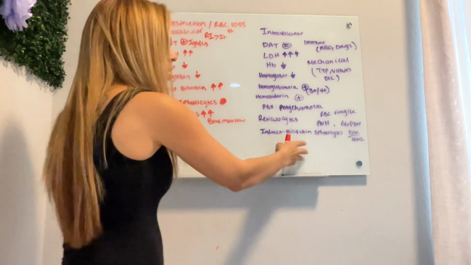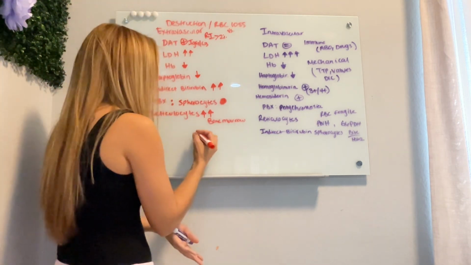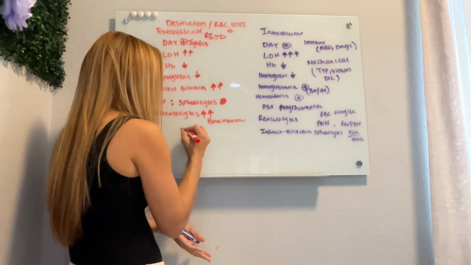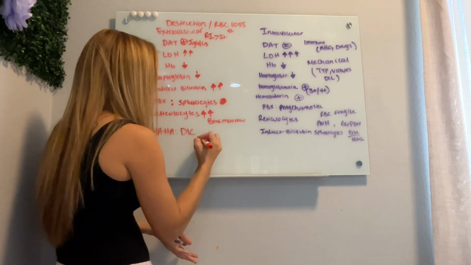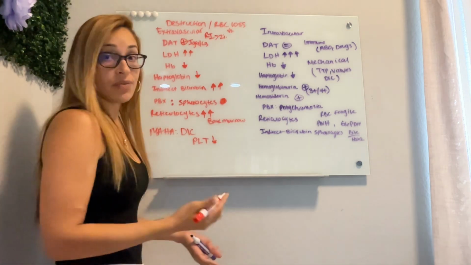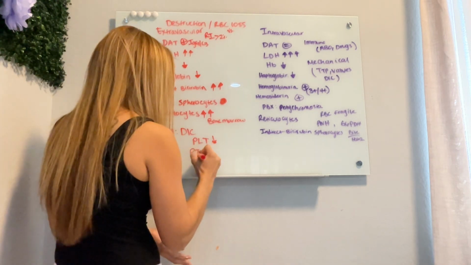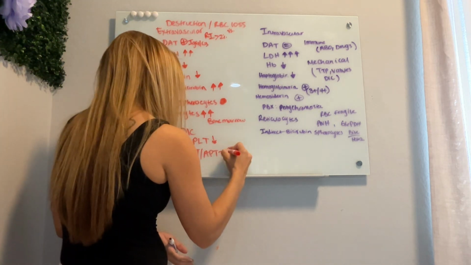Well, we don't have all the lab values here just yet, okay? We're missing a few things, like in DIC, MAHA, right? We would have low platelets. We would also test for PT and aPTT, which would be elevated because of the consumption of our clotting factors.